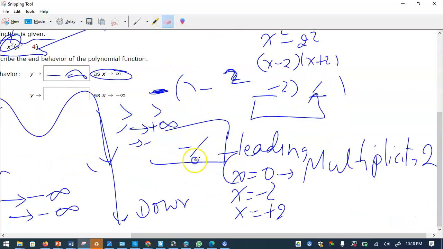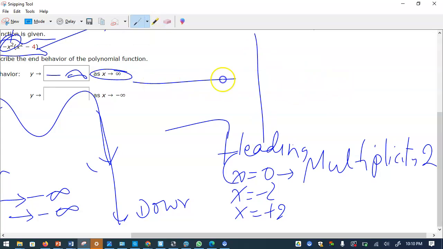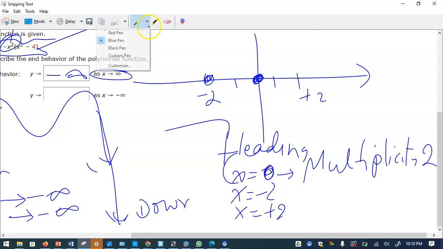What I'm trying to say is, let me take this off, how to sketch the graph. Even you can check on the Desmos, but the thing is, they give you the graph there, but we know the graph is down, down, and this zero is one of the zeros, and the other two are minus 2 and plus 2, and it has to be down, down.